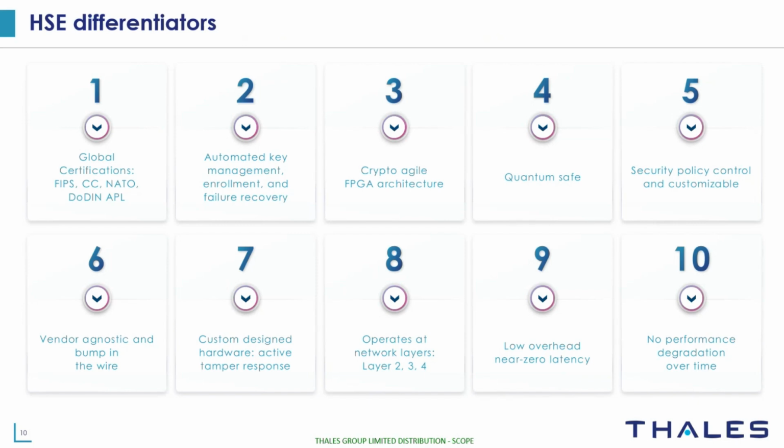Thanks to the encryptor's architecture, we use FPGA, field programmable gate arrays. We are able to change how the hardware behaves. For example, we can change which algorithms are accelerated in hardware and which are not. So this is part of our crypto agile approach.